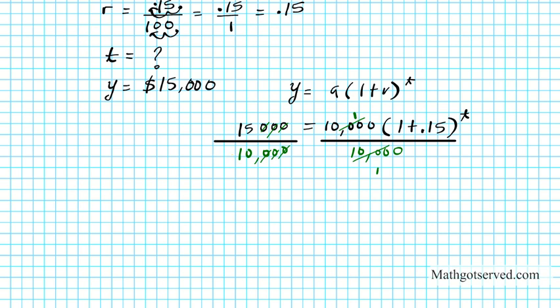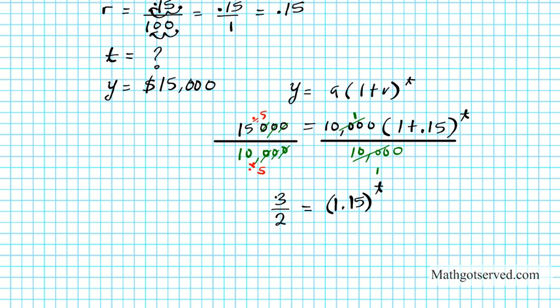Divide by 5, divide by 5. Remember, division does not commute, so the order matters. Alright, so 15 divided by 5, I have 3 over 2 equals 1 plus 0.15, which is simply 1.15, right? 1.15 raised to the t.